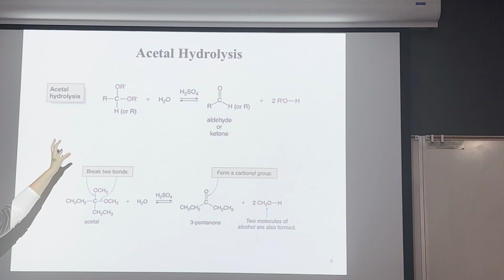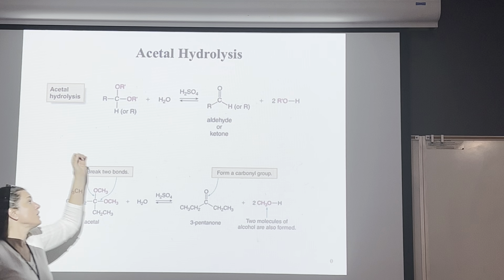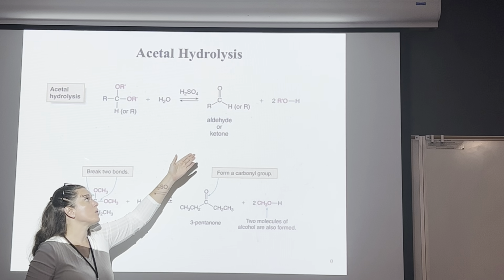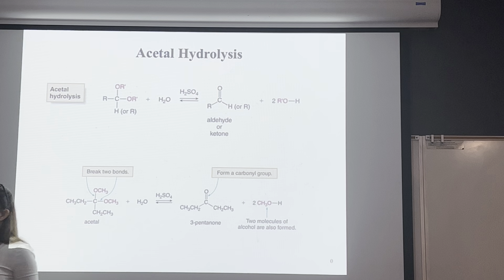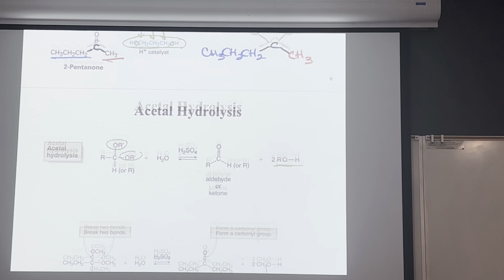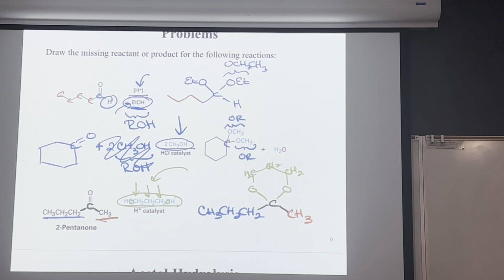Well, it's the reverse reaction of what we just did. You're getting an aldehyde or ketone plus a couple of alcohols. Exactly the backwards reaction. If we look at this, you can see the ORs picking up a hydrogen. Where does the hydrogen come from? Oh, I thought I had a mechanism in here for you guys. I'll have to bring that with us next time.